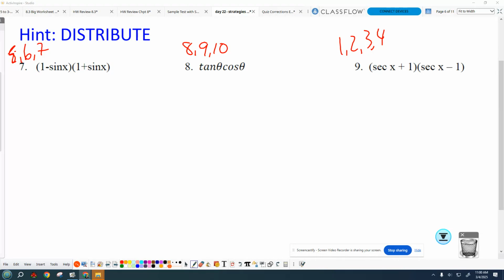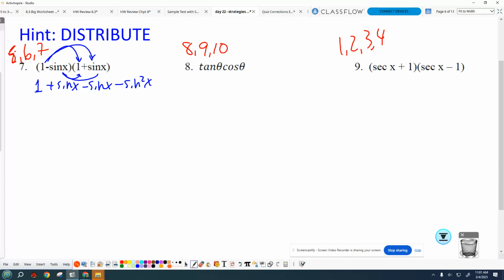What are you saying we do? Open parentheses, we got 1 plus sin x, minus sin x, and minus sin x squared. So sin x cancels negative sin x, so we got 1 minus sin x squared. Then what?